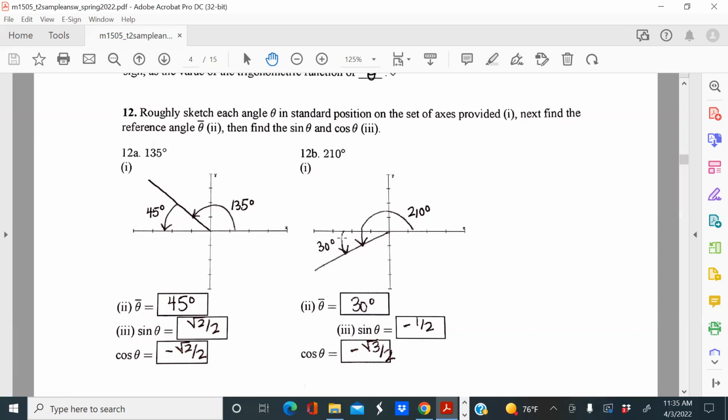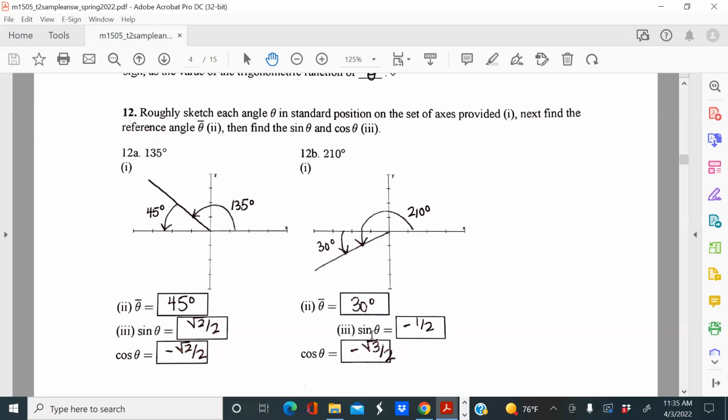Because again, you form the reference angle as the positive acute angle. Acute means less than 90 degrees, right? Between the terminal side of your angle, which is here, and the x-axis. There's the x-axis, right? So that positive angle between the terminal side and the x-axis is going to be this 30 degrees, right? So your reference angle is 30 degrees.